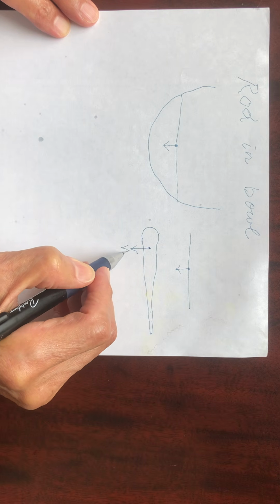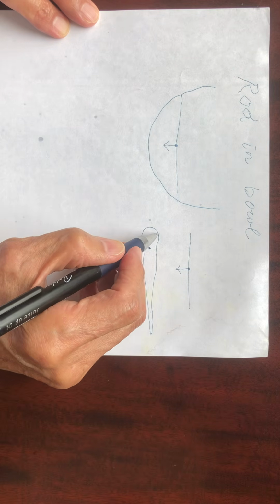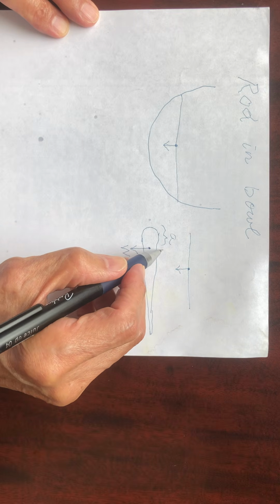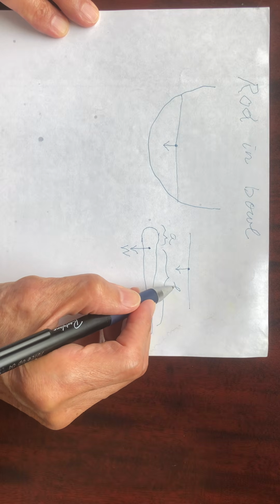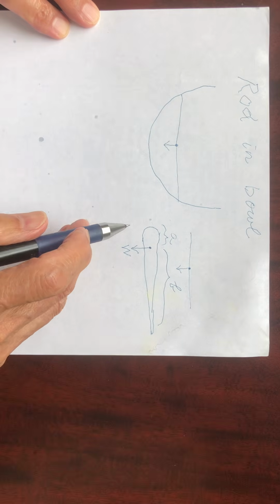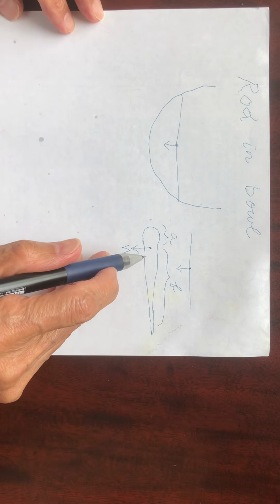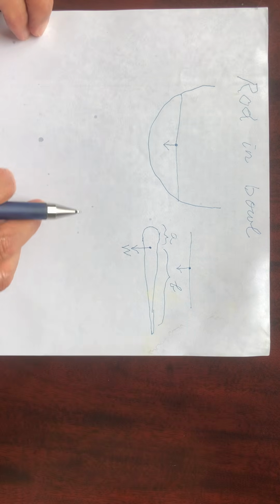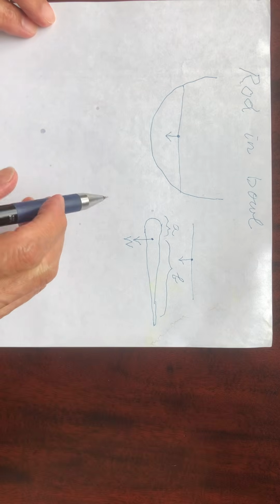That is the weight. So the question says this part is A and this part is B. That's the question. If this non-uniform rod rests in the ball, how does it look?